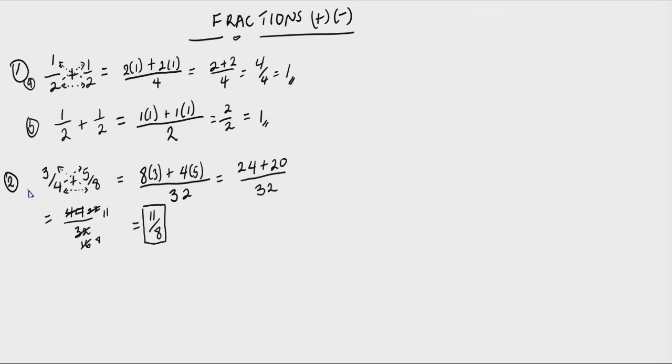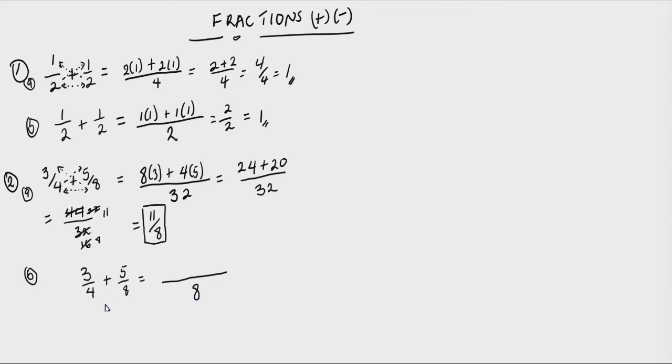Okay, this is again, you want to find the lowest common multiple, and in this case, it's 8 because 4 divides into 8 and 8 divides into 8.